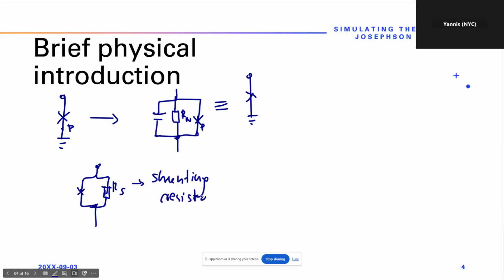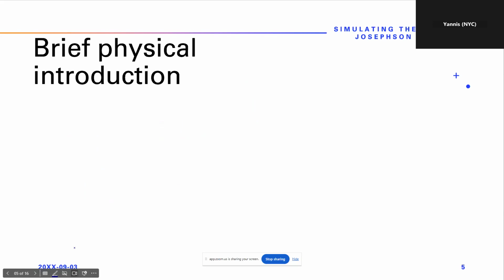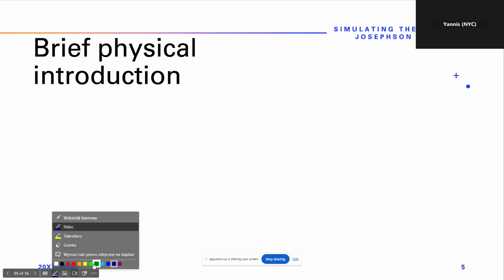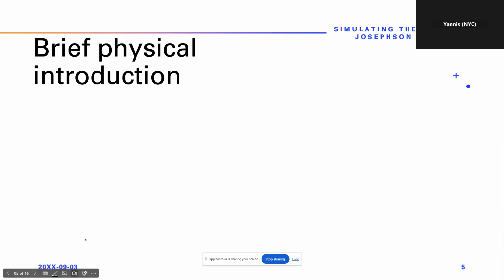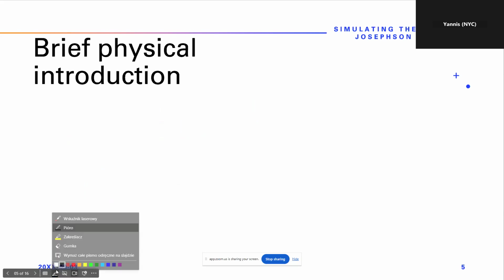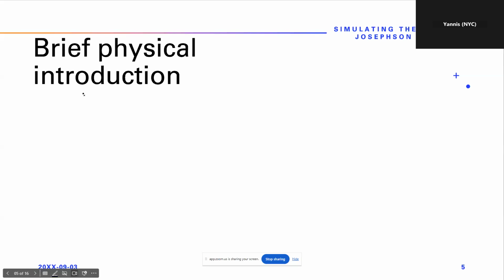And this resistance can be modulated by biasing current from this side. So on yet another slide, I will present the most basic parameter that we use for modulating the voltage response of the Josephson junction.